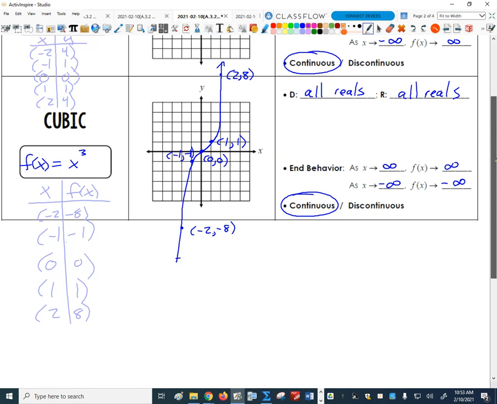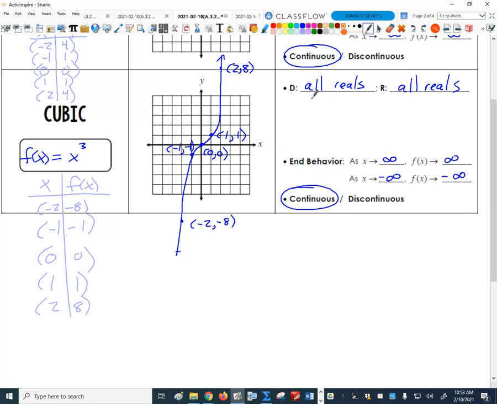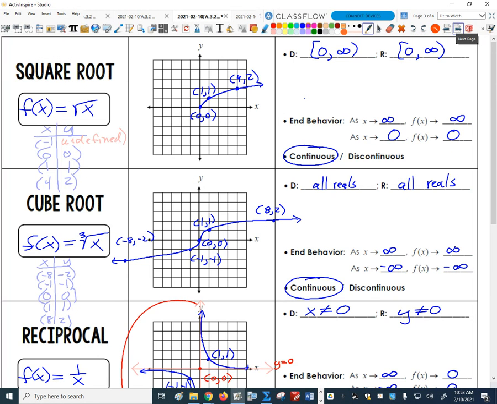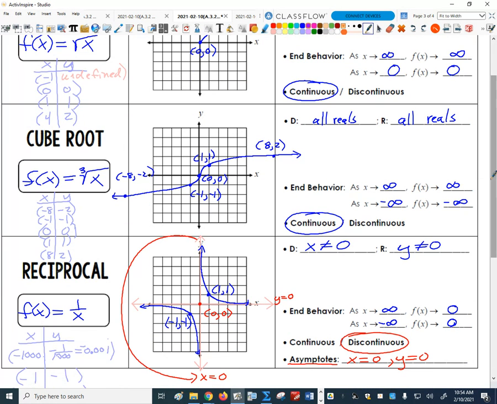Range was not, but for cubic, both the domain and the range were all reals. Square root. Okay, we had the domain and the range. Both of those we wrote in interval notation. Cube root, all reals for both the domain and the range.